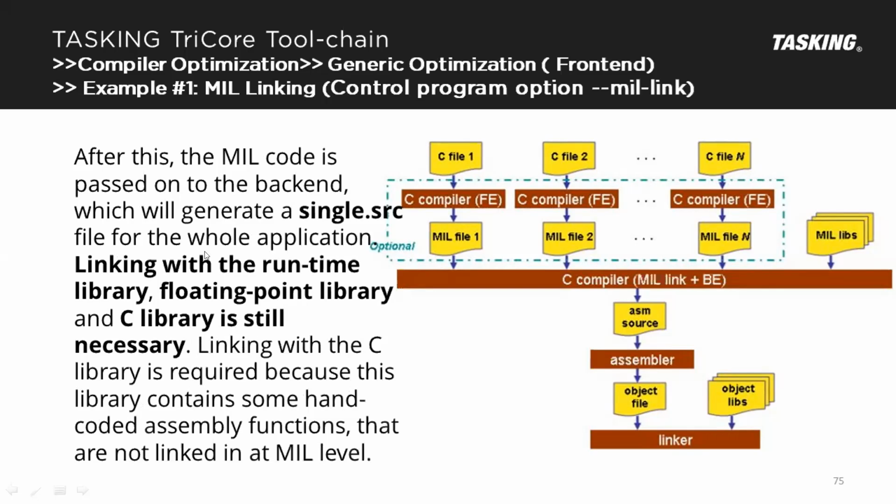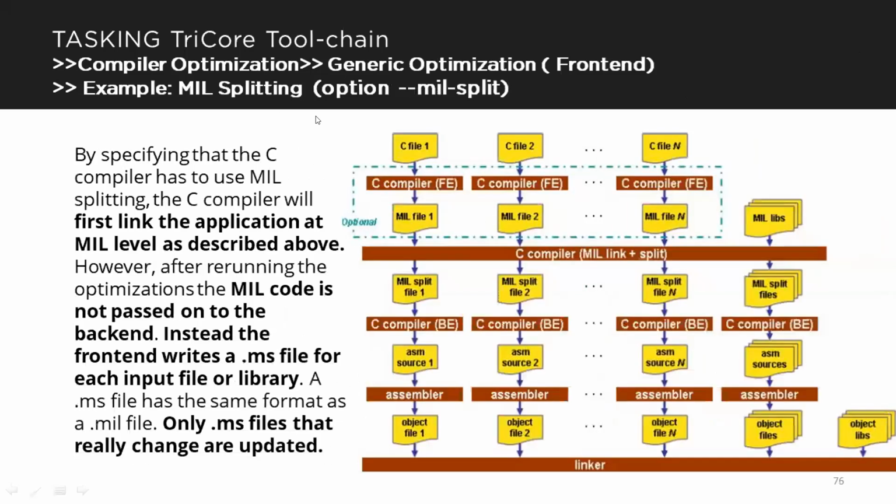So linking against these libraries is still required with mill linking. You have the front-end optimization, everything is linked and front-end optimization is applied again on the application level, and then passed to the back end. This is how mill linking works.